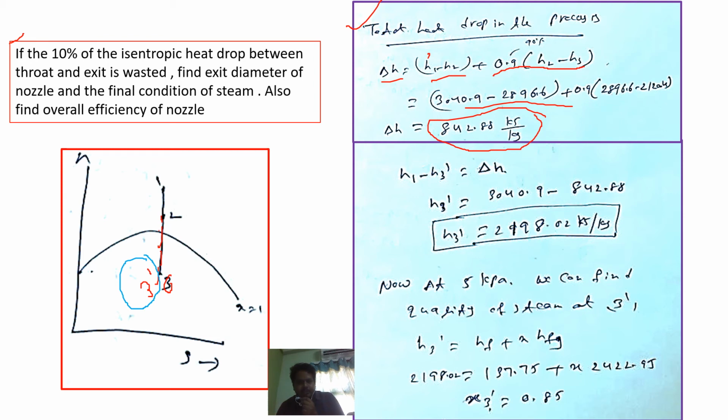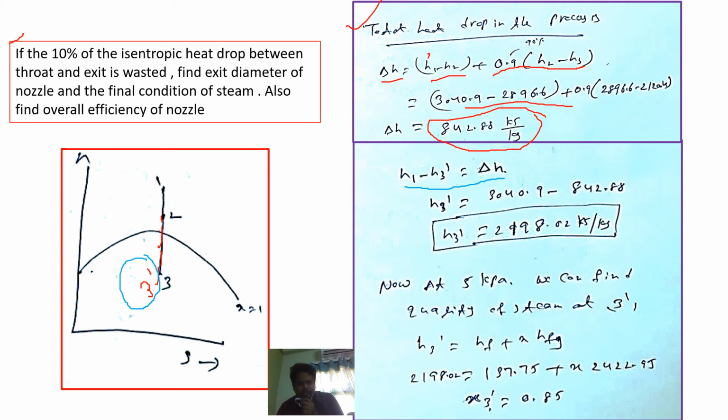First let us find the enthalpy at point 3 dash. We know that delta H equals H1 minus H3 dash, because this is the total enthalpy drop.